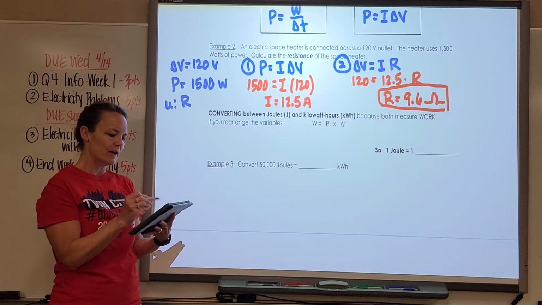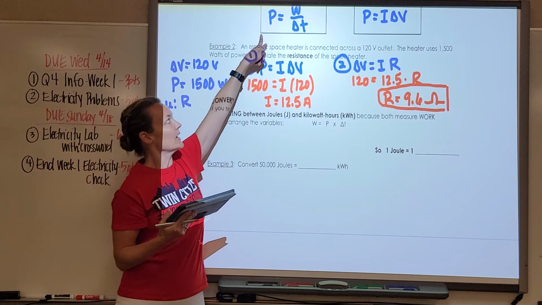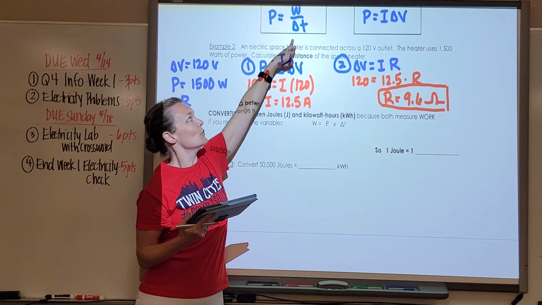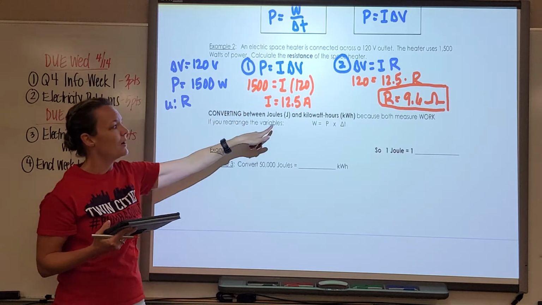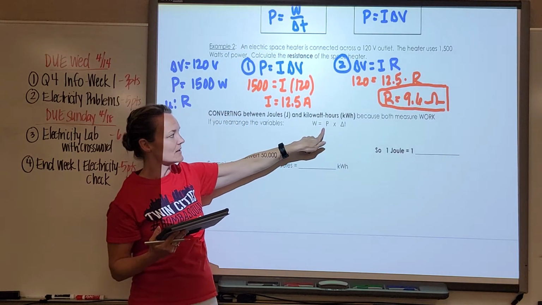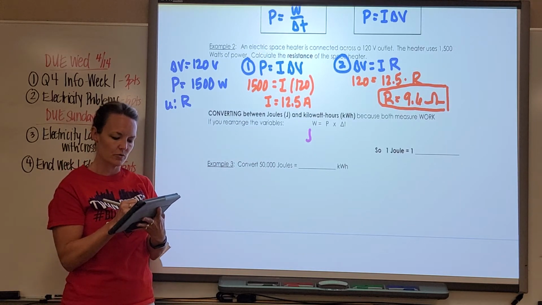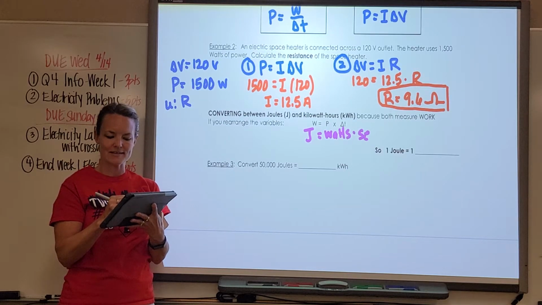If you rearrange the power equation, this one right here, power equals work over time. If you move the time over by multiplying it to get work alone, what you end up having is work is equal to power times time. Okay, work is measured in joules, power is measured in watts, and time is measured in seconds.